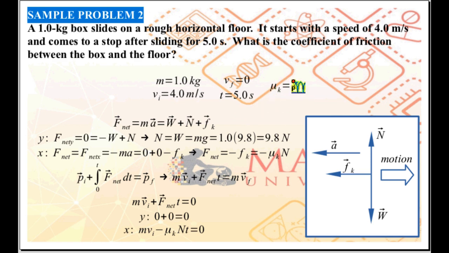We are looking for the coefficient of kinetic friction, mu k. Now, this problem may be solved first using kinematics to get the acceleration of the box. And then you can do force analysis to determine the coefficient of friction.